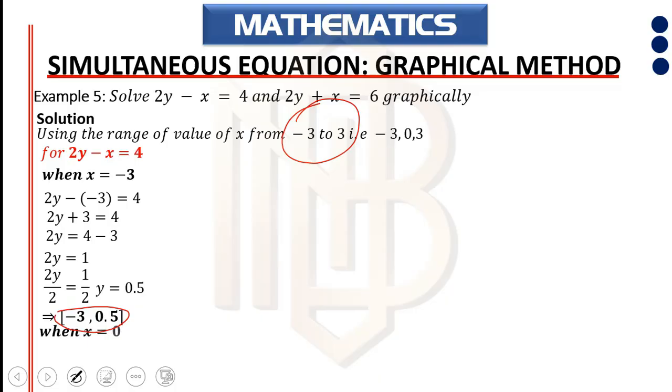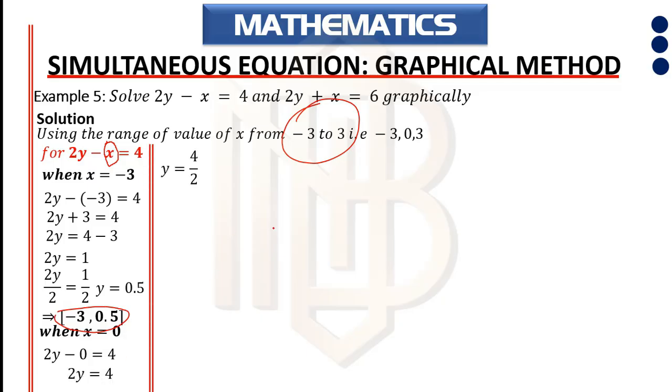Now let's proceed to the next value, when x is equal to 0. That means 2y minus 0, in place of x here, you have to put 0 there. So that's 2y equals 4, and that means y equals 2. So we have another point, that's (0, 2).